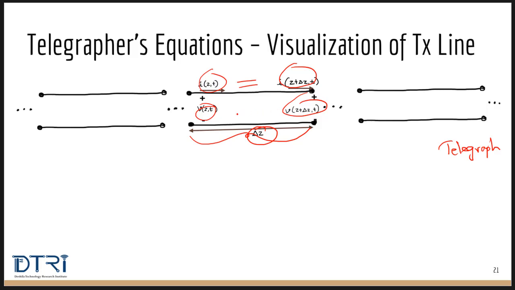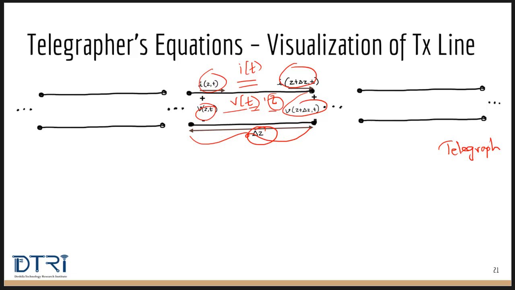Similarly, V(z,t) would be equal to V(z+delta z, t), since current and voltage are the same across the length of the line except for some fixed resistance. So we would have just written I(t) and V(t) without reference to any position z on the line.